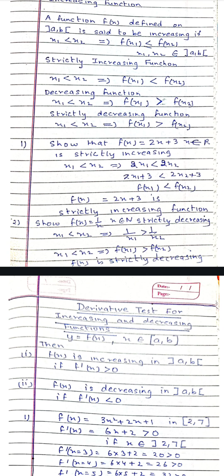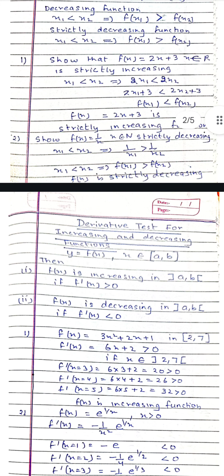Then 2x1 is less than 2x2. Let us add 3 on both sides. We can say f(x1) is less than f(x2). So we prove f(x) is equal to 2x plus 3 is a strictly increasing function.